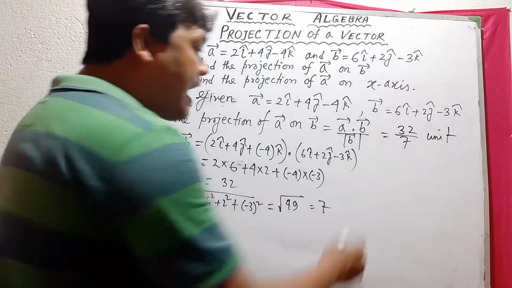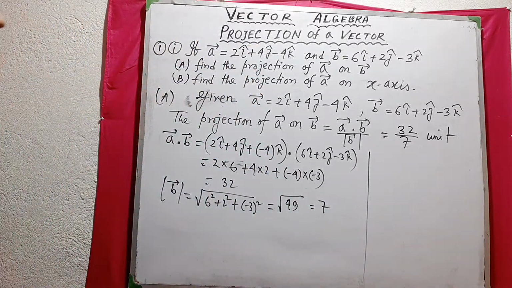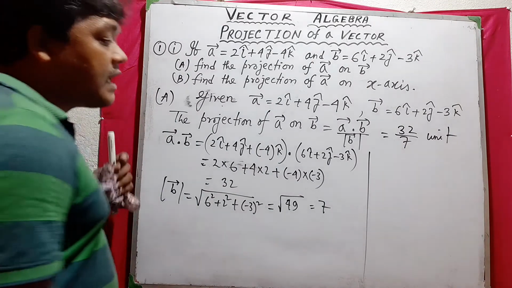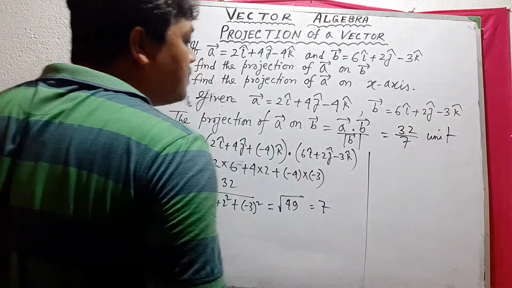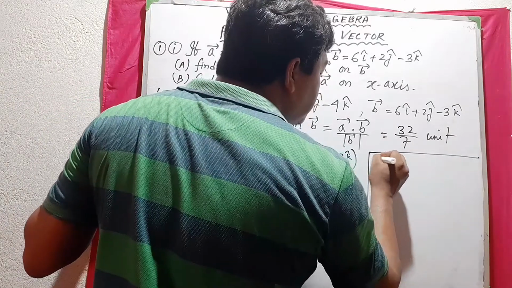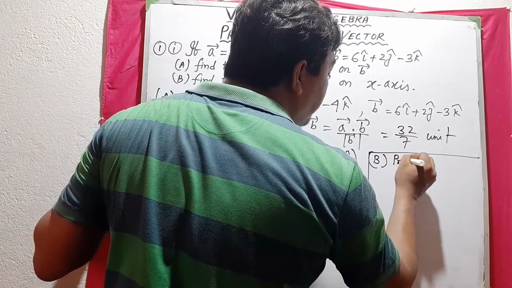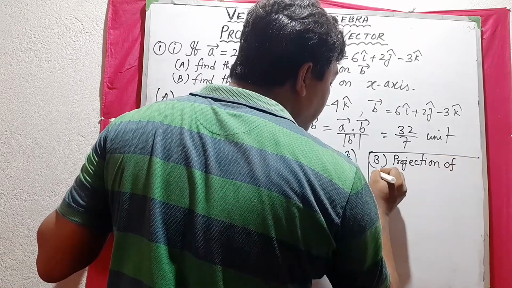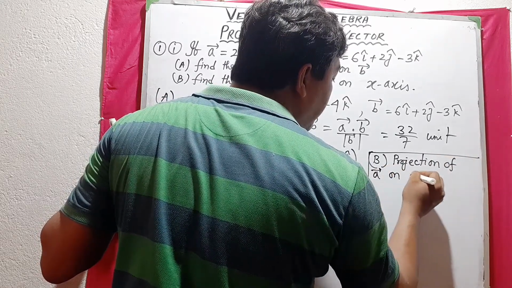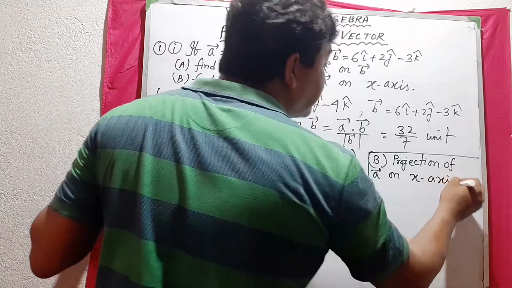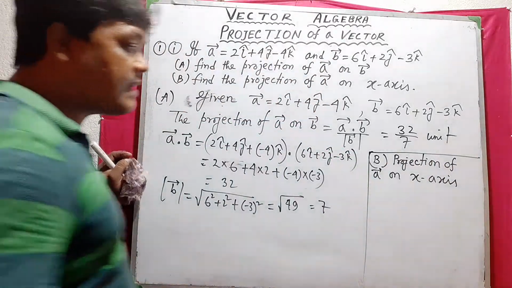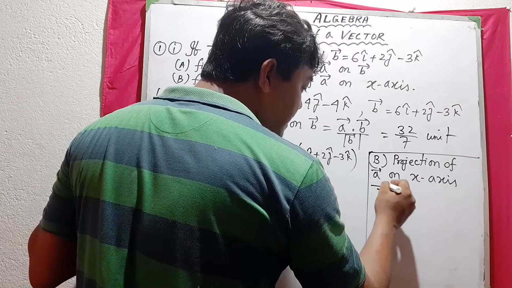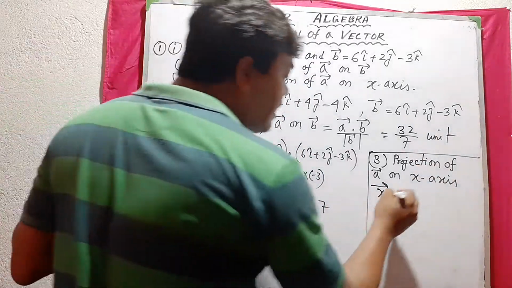And another part is the projection of A on the x-axis. Problem number B is the projection of A vector on the x-axis. So what is the vector of the x-axis? The x-axis vector is only I cap.